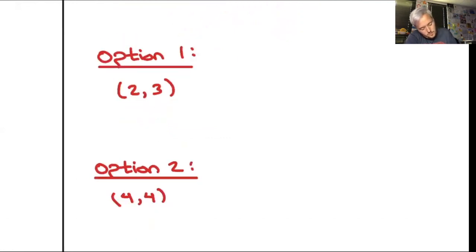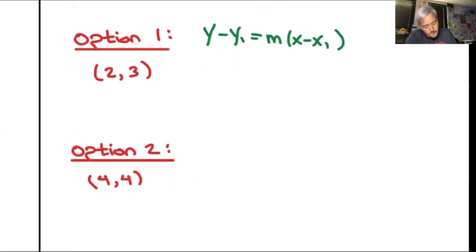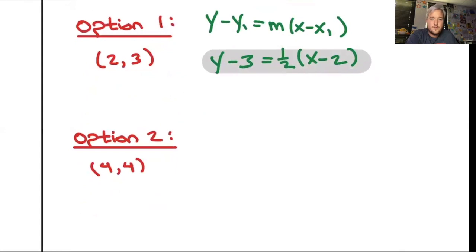So I'm going to start with y minus y1 equals m times x minus x1. All right, so we have a slope of 1/2. So I'm going to have y minus 3 equals 1/2 x minus 2. All right. So there's that equation. So we're not subtracting a negative, so we don't have to simplify anything at all.